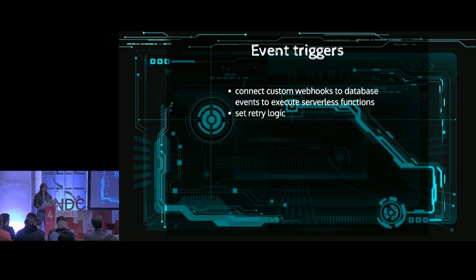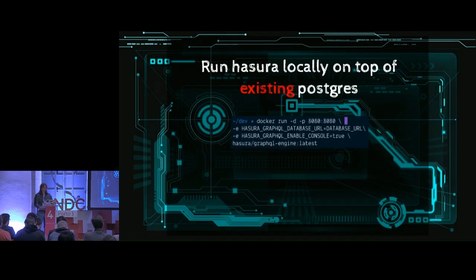And with event triggers, we can do a bunch of things. To run Hasura locally, you just run a Docker container, and you provide it with a database URL, which can be an existing one, and you provide it with the environment variable to enable the GraphQL console, so you will be able to access this development console and do stuff with it.